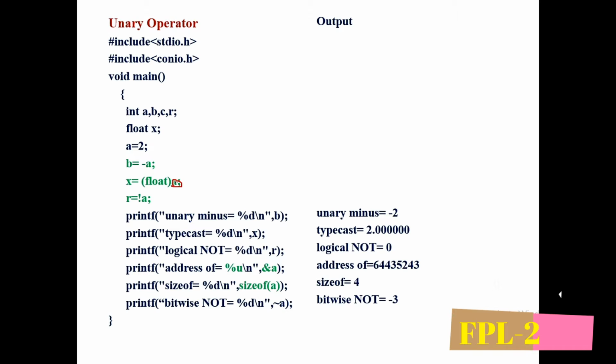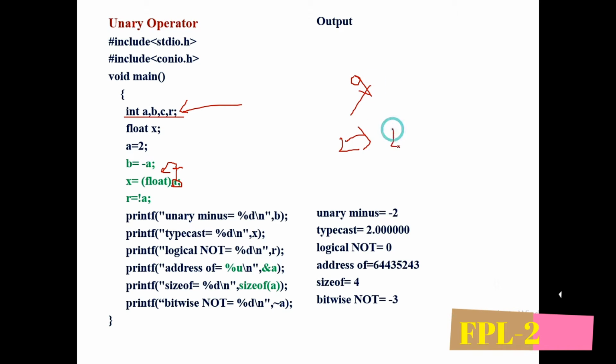Take the value of A, which is of type int, convert the value present in A to float, and don't store that float value back into A. If we stored the floating value in A, it would change A, but A will be kept as it is for the whole life of your program. Only the value of A, that is 2, is converted into floating format. The value is converted, not the variable A.